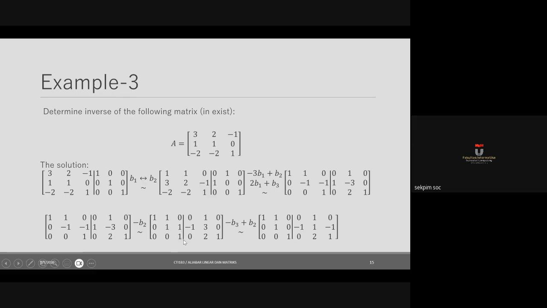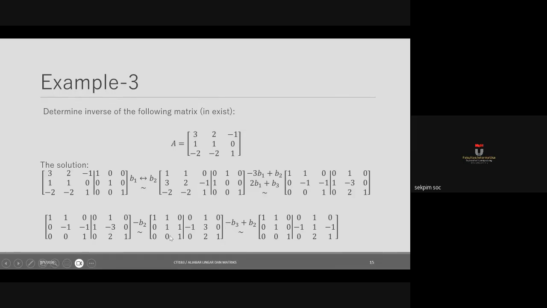And after this one, we can do backward, which is we can start from the third column here to make this one identity, to make this part and this part 0, right? And in order to do that, you see this part, we want it to be 0. So we want row 2 plus minus 1 times row 3, right?